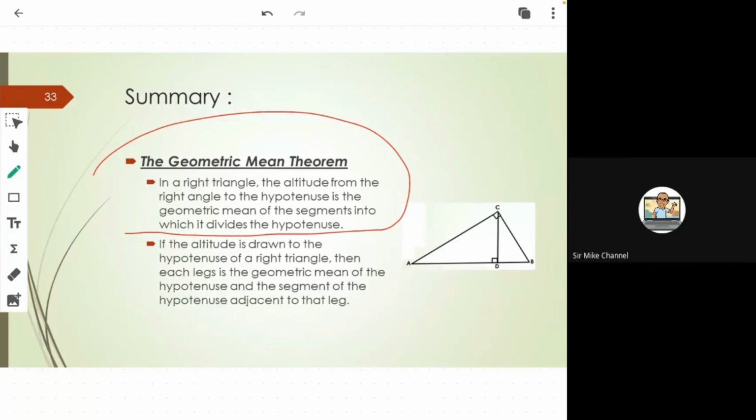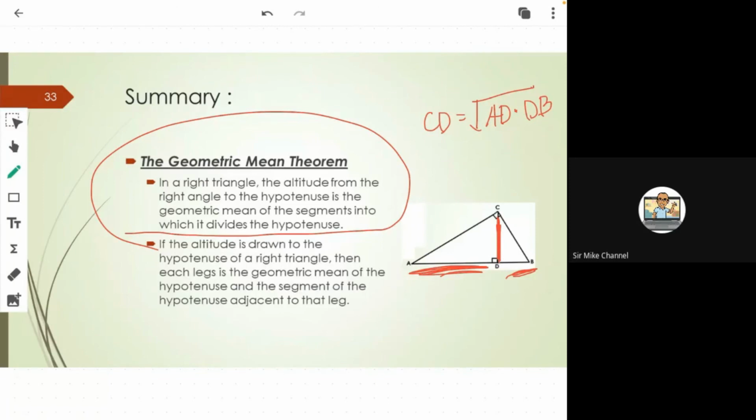Ito yung right triangle natin, ito yung hypotenuse. Ito yung CD. So, square root siya ng yung AD times yung line segment BD. Ayan po yung geometric mean natin.